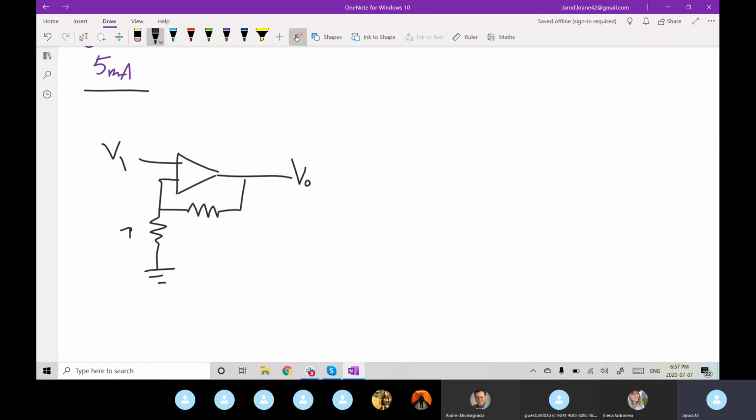And we just have now this R1, R2 resistor setup, which is essentially just a voltage divider from our output going into our inverting pin.